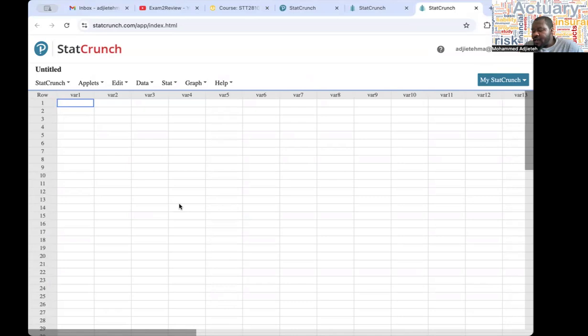So all I need to do is to enter the figures that I have been given. So I do drop height and then bounce height. So we have 96.